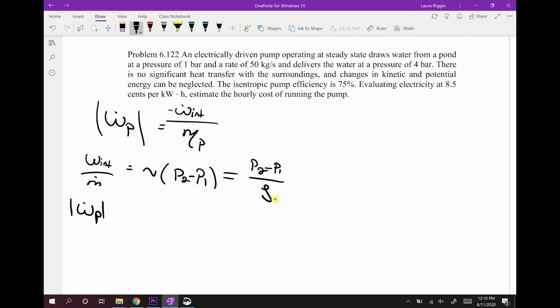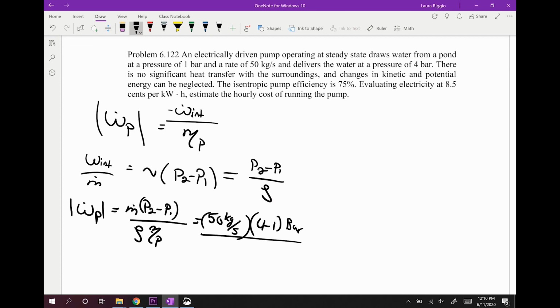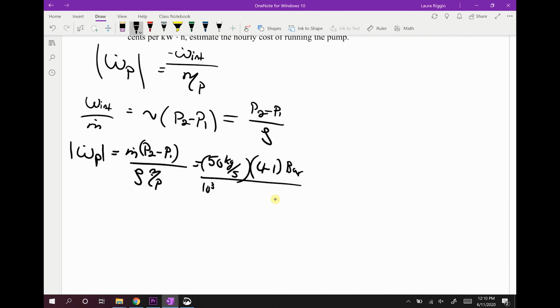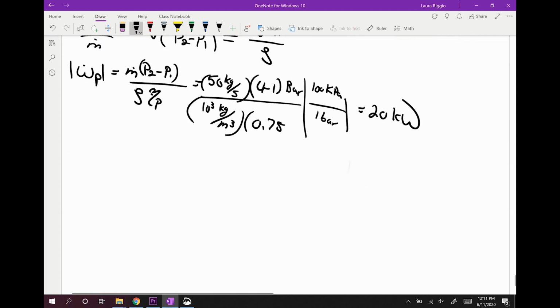So the work for our pump is equal to our mass flow rate times our change in pressure divided by our density times our pump efficiency, which is 50 kilograms per second times 4 minus 1 bar over 10 to the 3 kilograms per meter cubed times 0.75 times 100 kilopascals per bar, and we get an answer of 20 kilowatts.